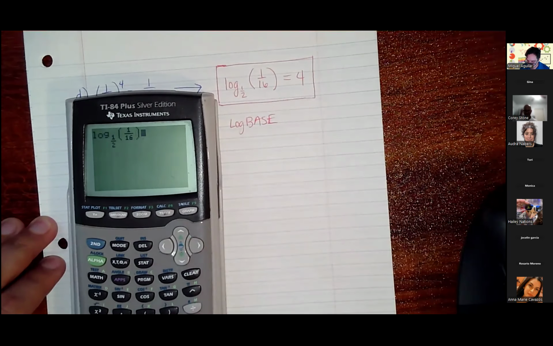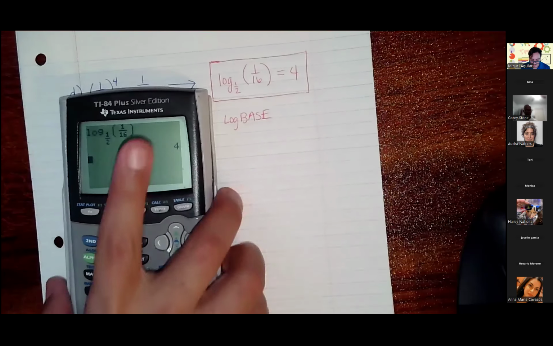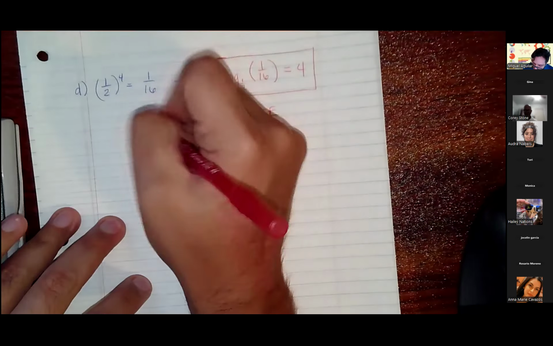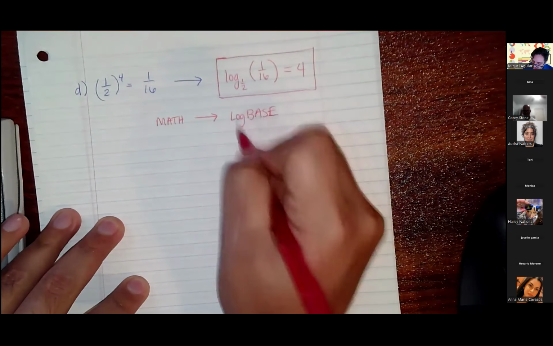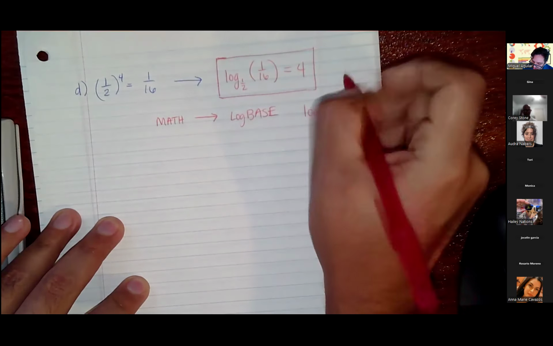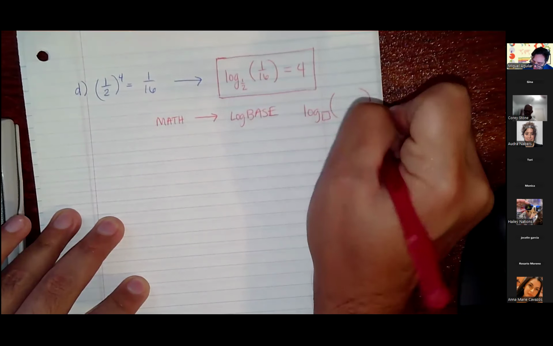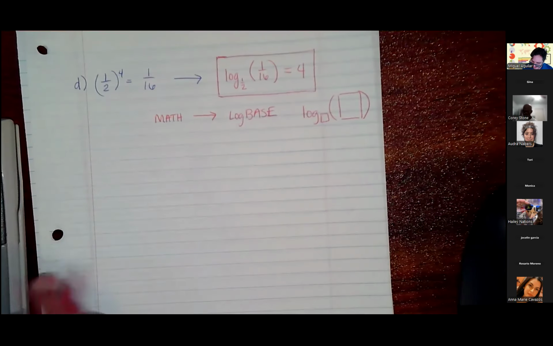And if I hit enter, it does. Okay. So just remember that we're going to press the math button and then go find the log base function so that we can get log base blank of blank, and then we can fill in the blanks. Does that make sense?